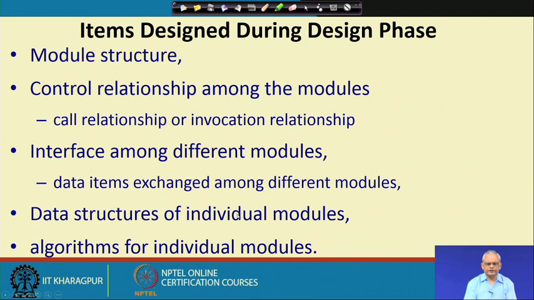So, these are all the different items that must be designed during the design phase, that is the module structure, the call relationship among the modules (in an object oriented way we will see a little later that this is the class structure, the invocation relationship among the classes), and then the interface among the modules, that is what parameters they pass or the data items that are exchanged among the different modules, the data structures of the individual modules, and then the algorithms for the individual modules.